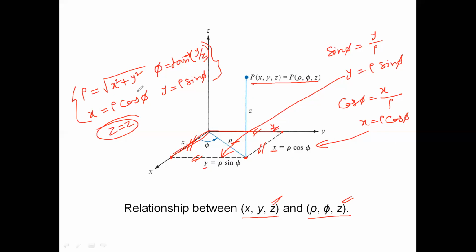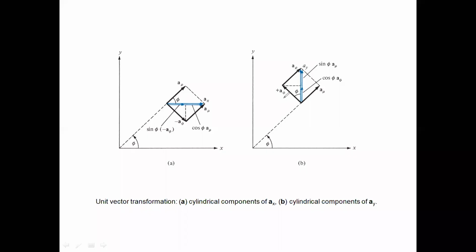Now we will look into how the transformation takes place with respect to unit vectors instead of coordinates. We can see how the unit vectors relate. Let's look into that. So here is the relation. You can see both the figures, where the first figure shows Cartesian components, that is AX, AY, AZ, which are related to A rho, A phi, AZ.